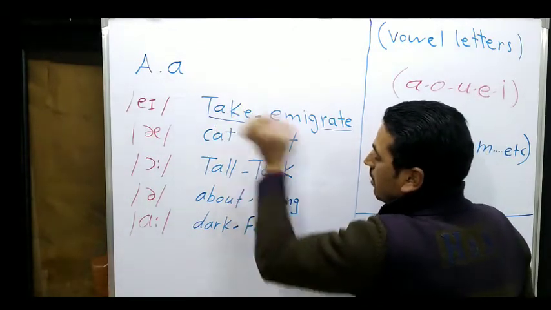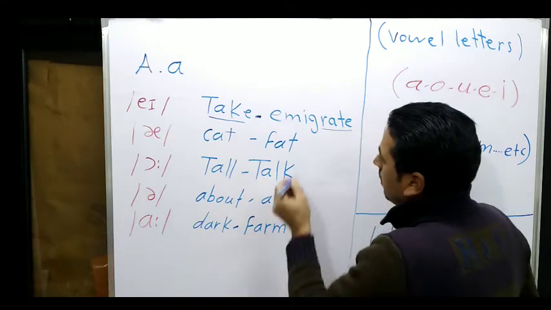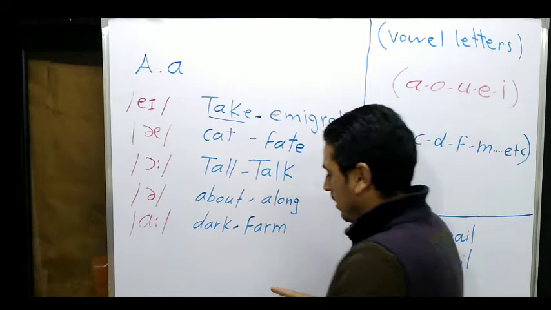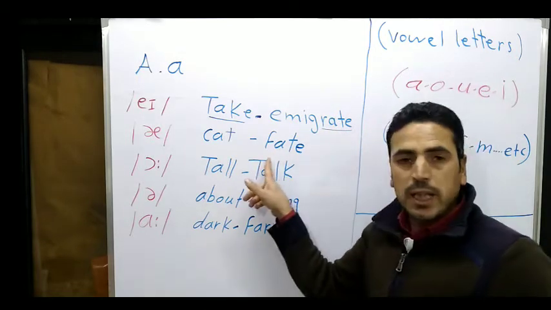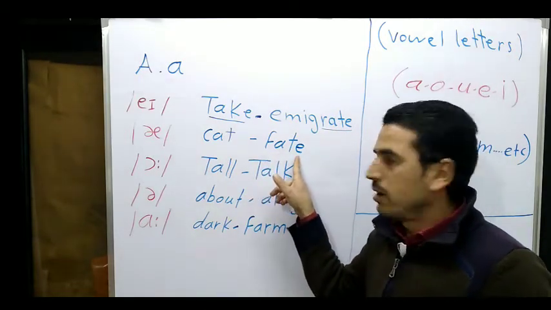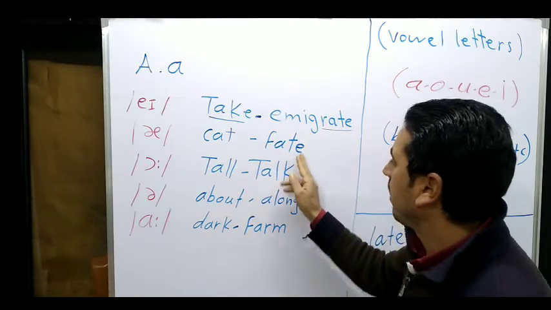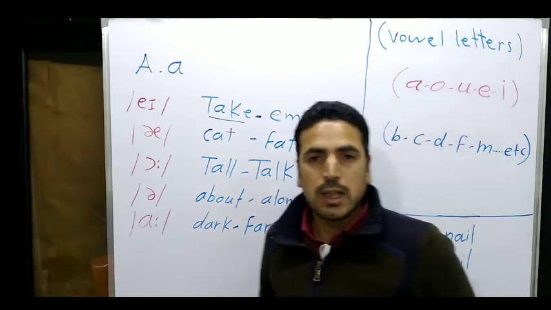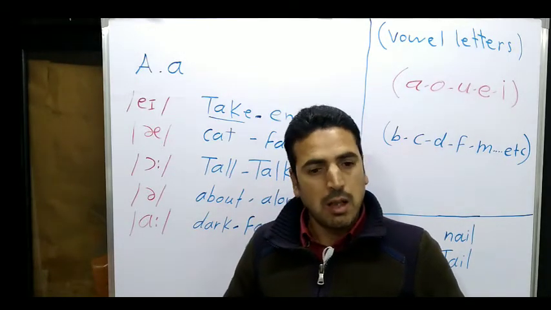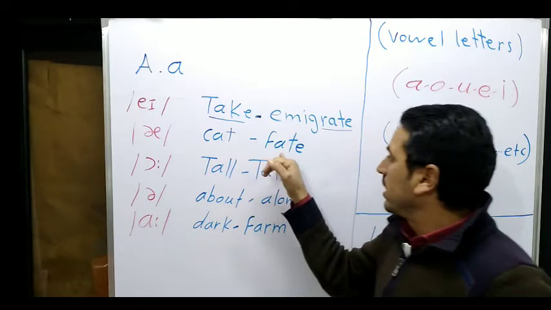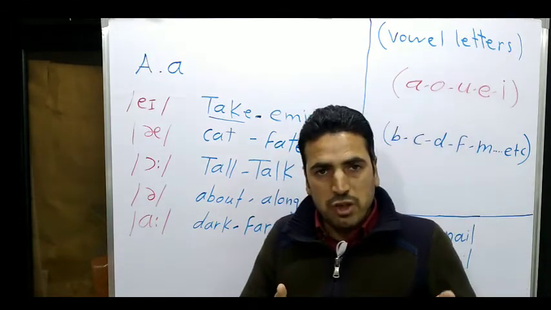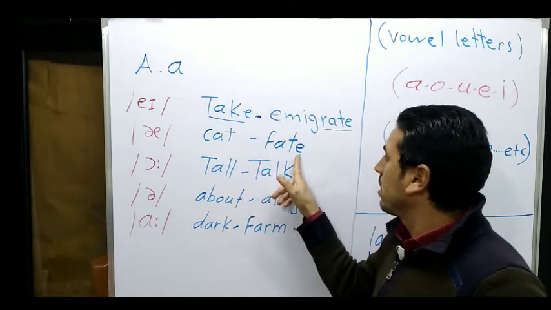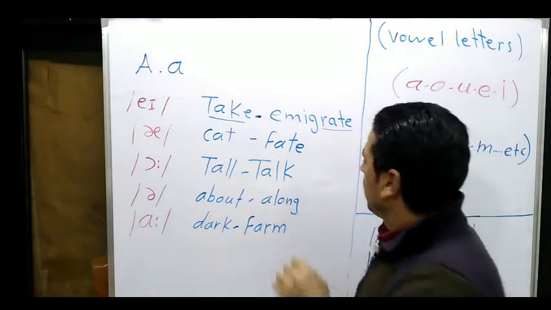But if we have E at the end, it becomes fate, not fat. When it is fat, it means someone who is fat. But when it is fate, it means your destination. So the meaning changes and the sound changes because we insert the vowel E.